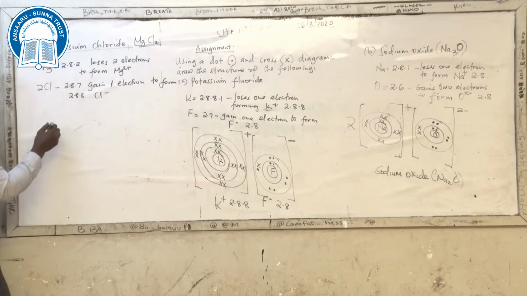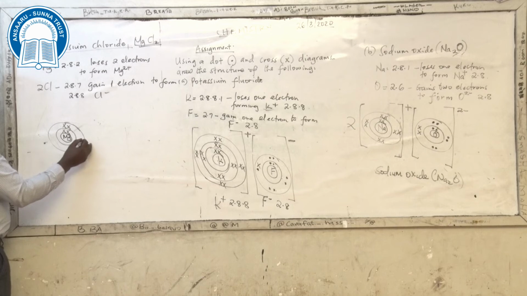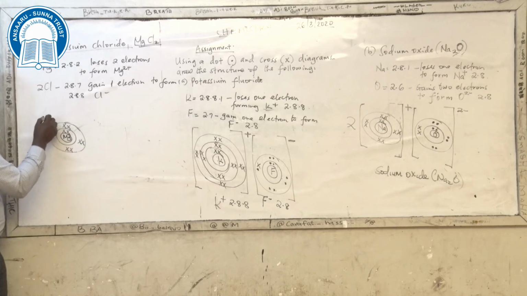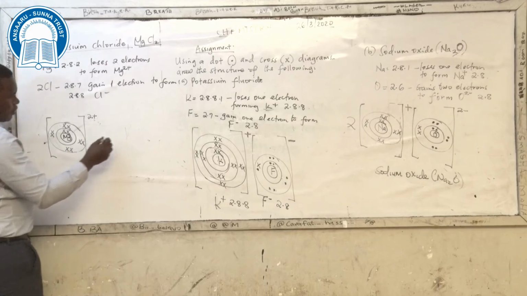So you draw the magnesium ion. You start with magnesium ion. You assign the cross there. And of course, you must have the 2 plus charge, then the chlorine.